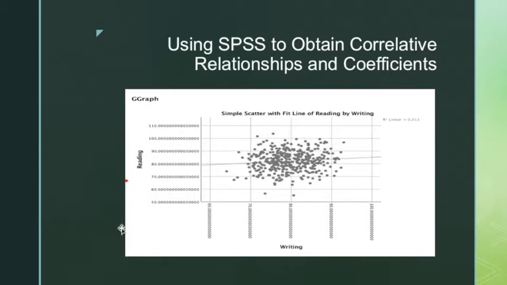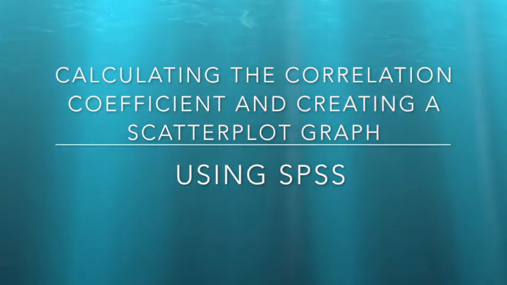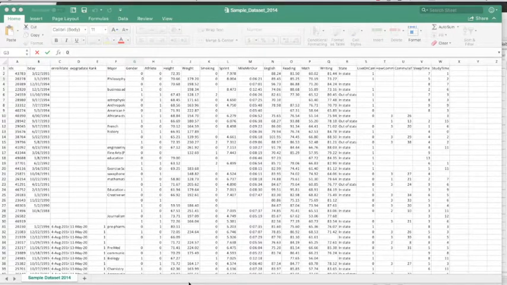So now I am going to proceed to using SPSS. So let's proceed. I am going to use SPSS to calculate the Pearson's R, or the correlation coefficient.